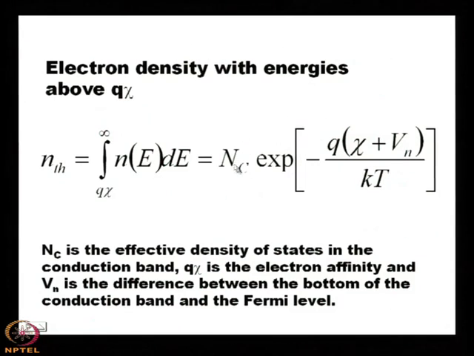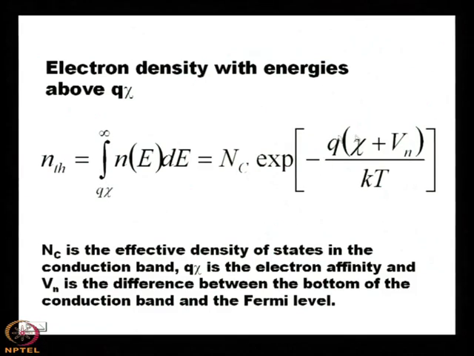This is the effective density of states in the conduction band, because we are considering the electron. So, this is the electron density with energies above chi. Okay. Whatever be the small value, it will be there.